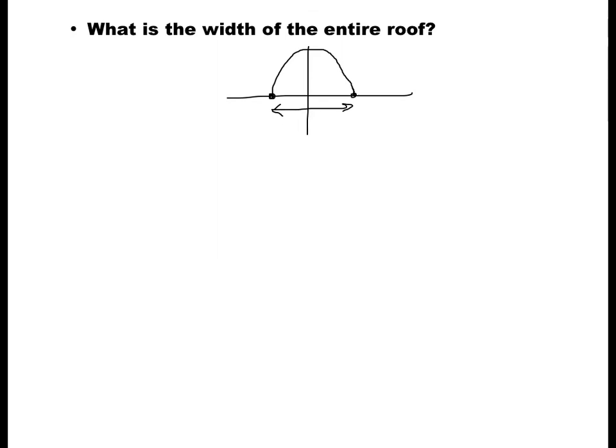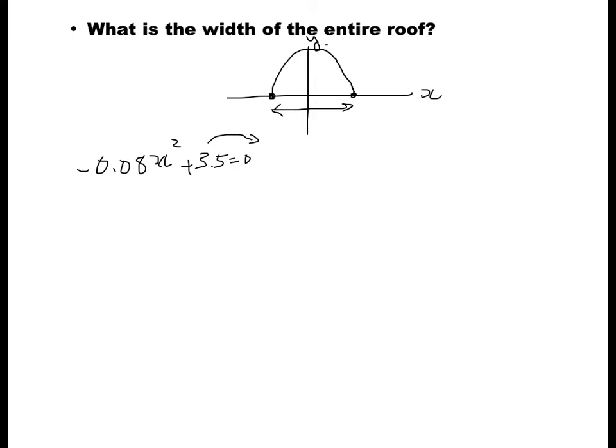But to find this, we need the zeros or x-intercepts of the graph. To find the x-intercepts or zeros, we have to set y equal to 0 in the original equation. So we get negative 0.08 x squared plus 3.5 is equal to 0.